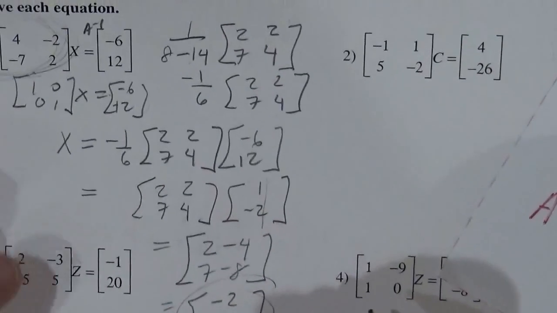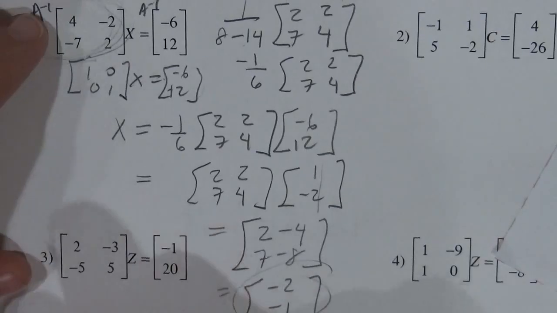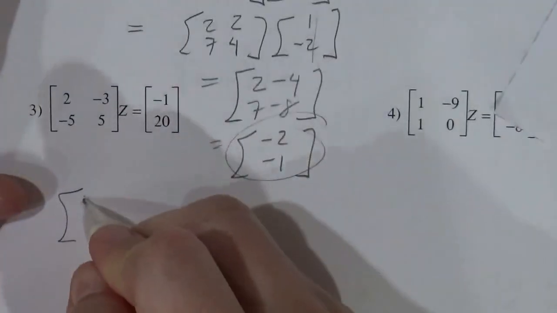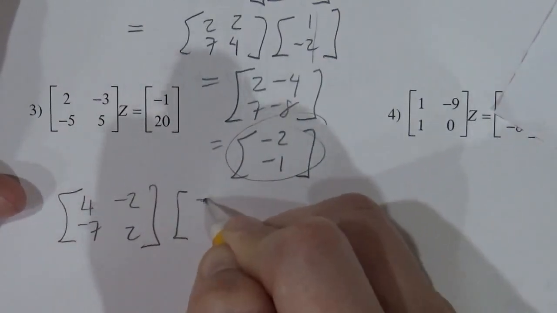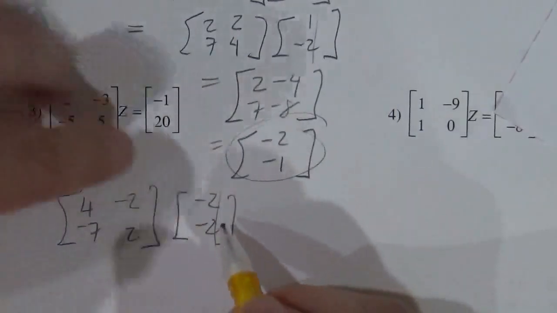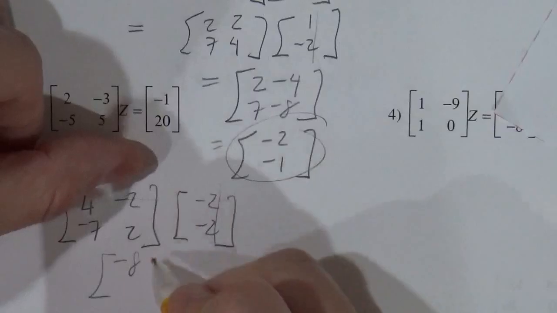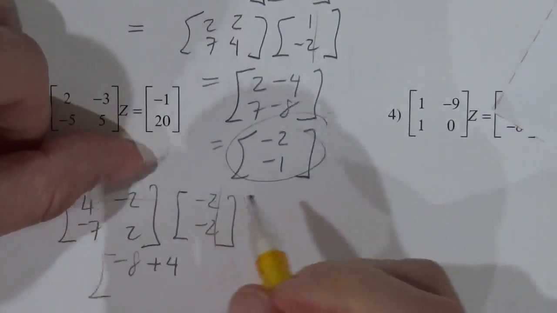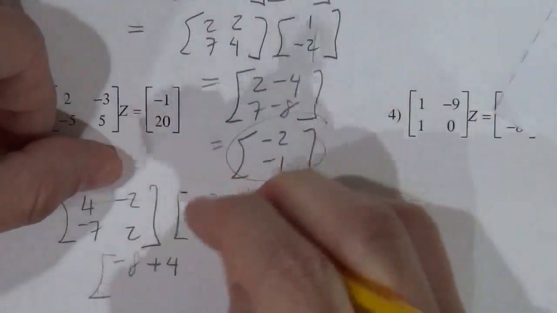And there you go. If you wanted to check it, let's check it. So if I took the original 4, negative 7, negative 2, 2, multiplied it by this negative 2, negative 1, I get negative 8 plus 7, negative 1, oh, that's a negative 1, thank goodness.